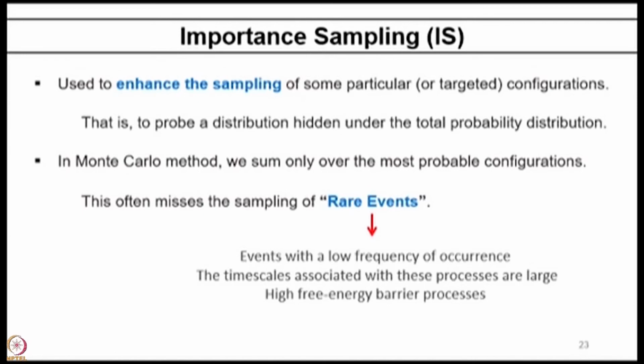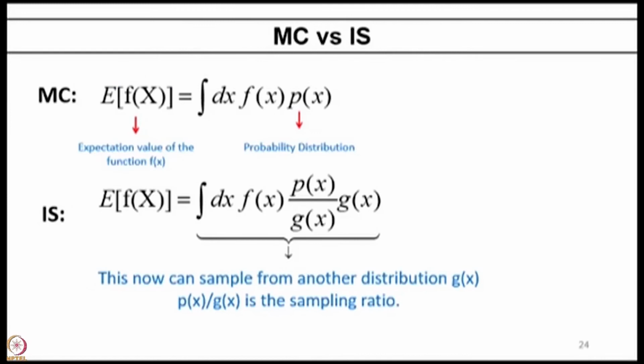Most important are rare events, like in chemical kinetics, when the reactant and the product are separated by a large barrier, by a high free energy barrier. As we have emphasized, Monte Carlo using the Metropolis algorithm essentially ensures Boltzmann sampling of the configurations.